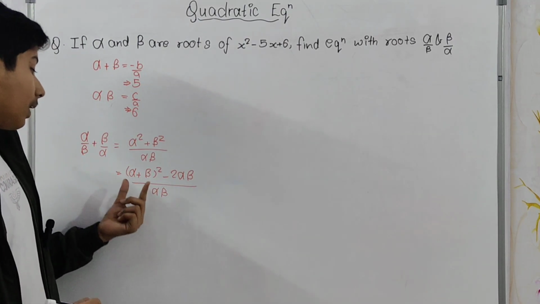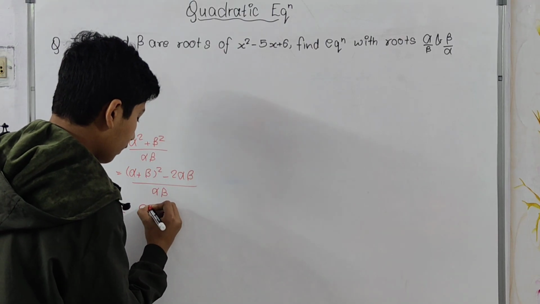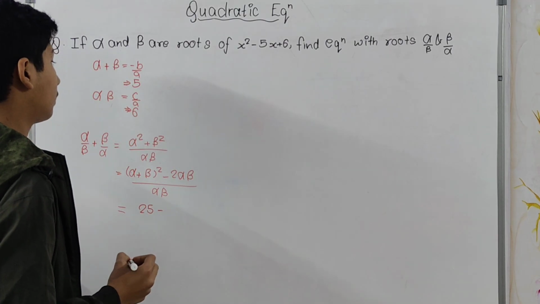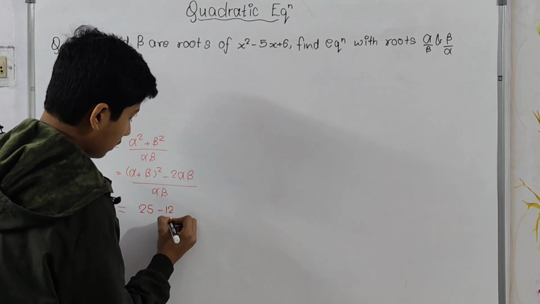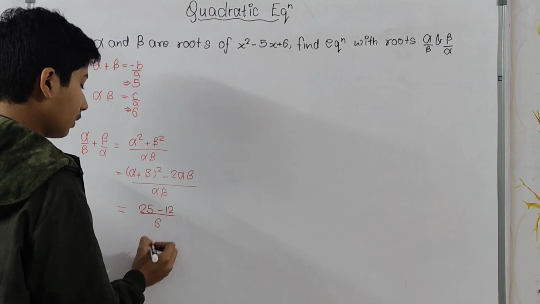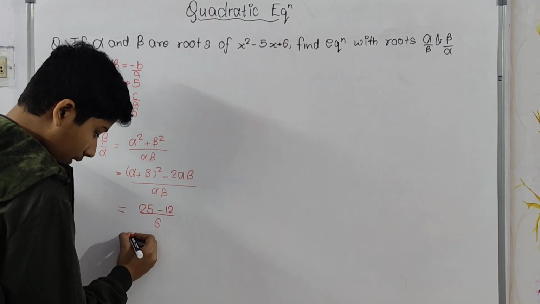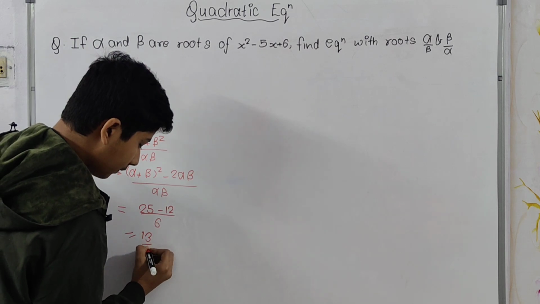Now when we solve this, (alpha plus beta) whole square is 5 square, means 25, minus 2 into alpha beta, means 12, upon alpha beta which is 6. Now again after solving this we get 13 upon 6.